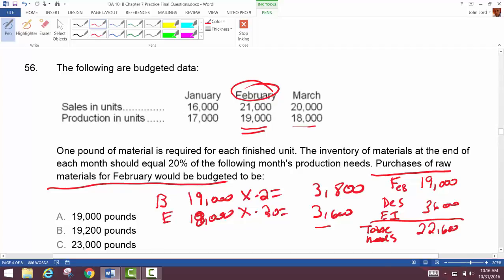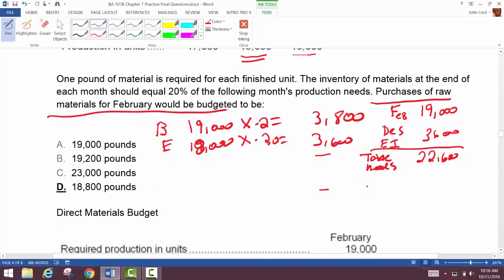Okay, good. And then what? I had a beginning balance, minus the beginning balance that I should have had of 3,800 to start out February with, right? So does that give me this 18,800?